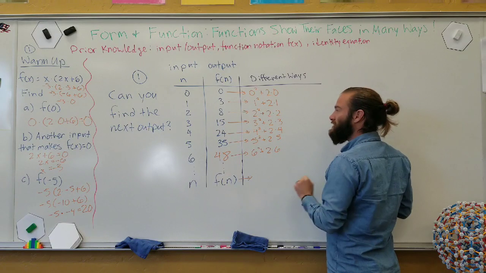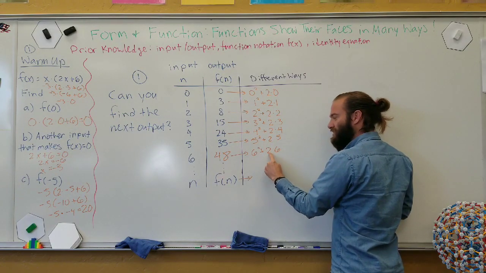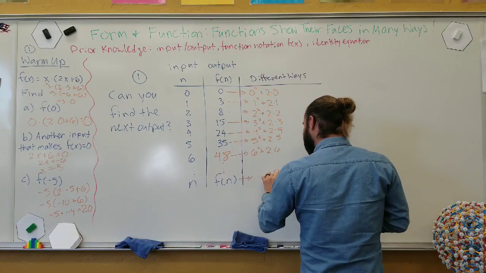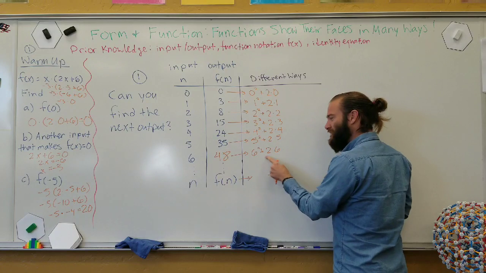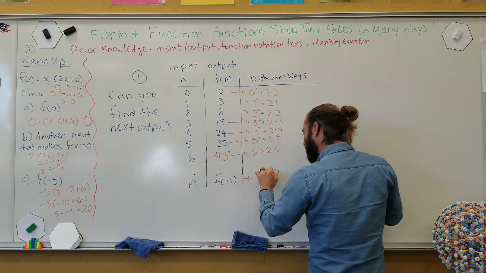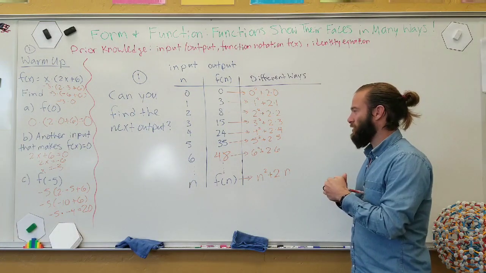What number is staying constant the whole time? This 2 right here, all the way down, is staying as 2, right? So it seems like I have something squared plus 2 times something. But the good thing is, it looks like it's directly, literally just n. So n squared plus 2 times n is another one that you could see from these numbers.